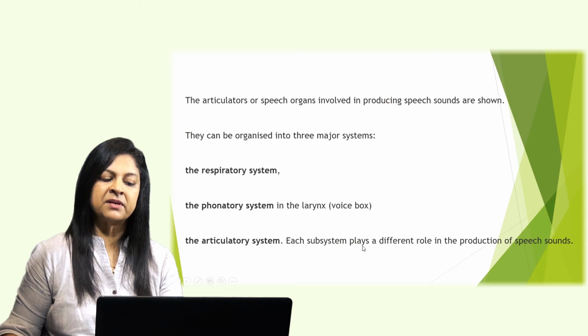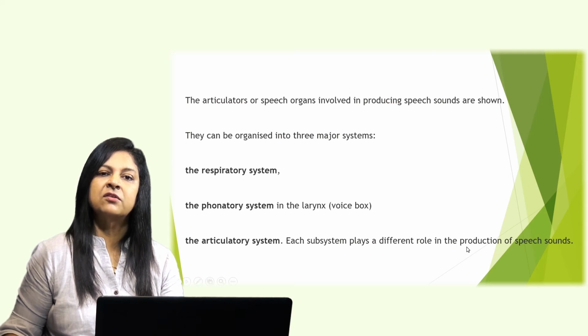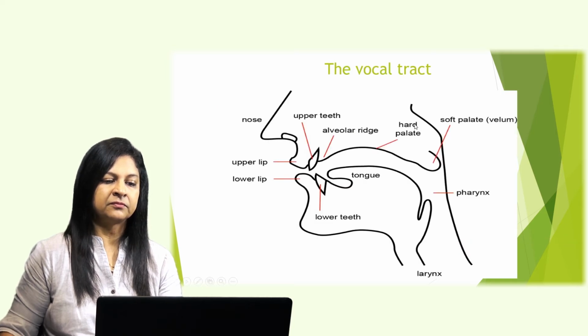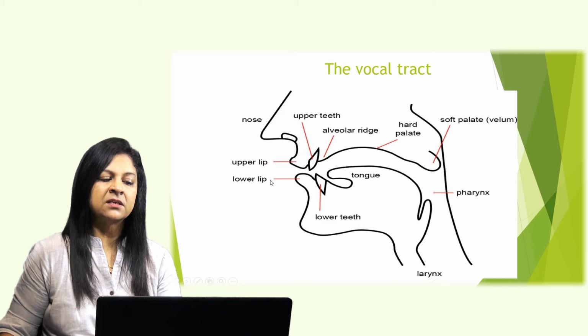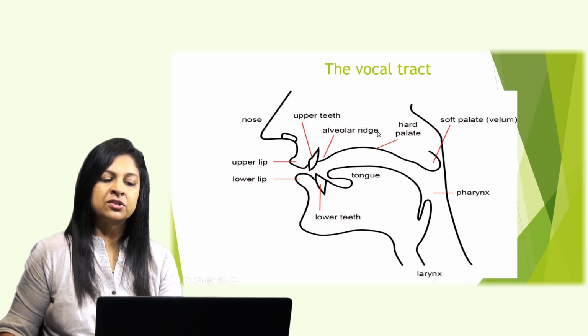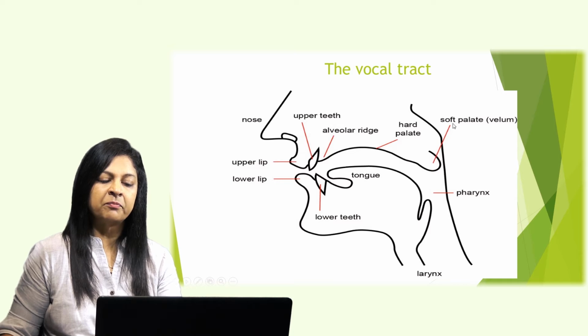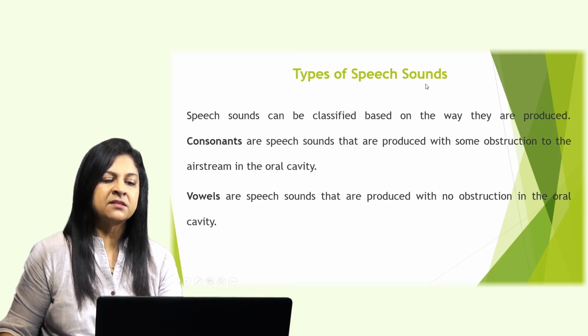Each subsystem plays a different role in the production of speech sounds. The vocal tract: nose, upper lip, lower lip, upper teeth, alveolar ridge, hard palate, soft palate or velum, pharynx, tongue, lower teeth, larynx.